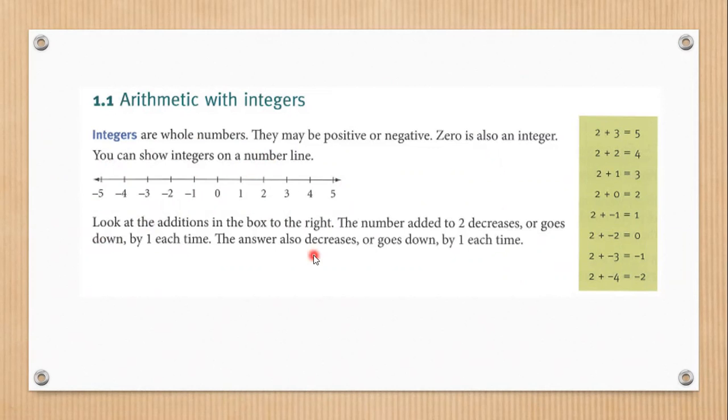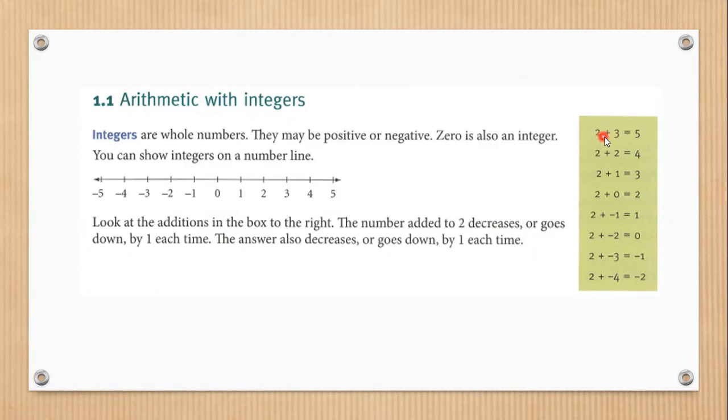Look at the addition in the box on the right side. The number added to 2 decreases and goes down by 1 each time, and the answer is decreasing as well.